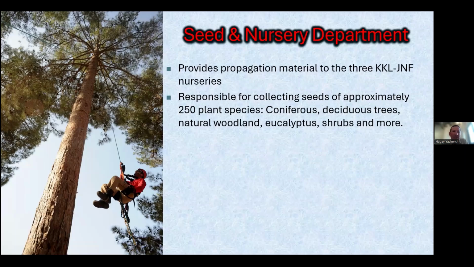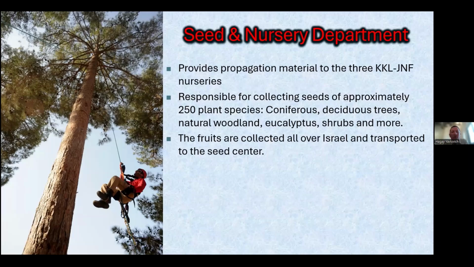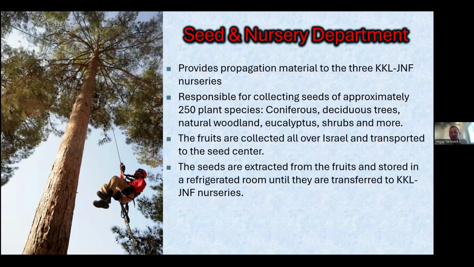We have 3 nurseries here in the KKL, and we're responsible for collecting seeds for something like 250 plants and many species like conifers, deciduous trees, natural broadleaves, eucalyptuses, shrubs, and more. We collect the fruits all over Israel, and we bring them to the seed center. In the seed center, we extract the seeds from the fruit, and we store them in the refrigerator room.